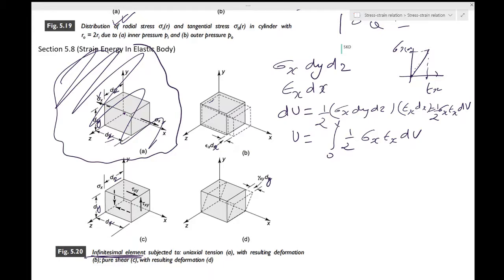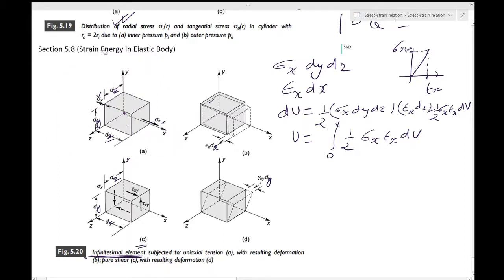Now, this was for a uniaxial stress. Now if you consider the figure 5.20c over here, so I'll just remove this, it takes away the focus. In this figure you have the situation of a pure shear. So there is a tau xy acting. First let's check the directions.